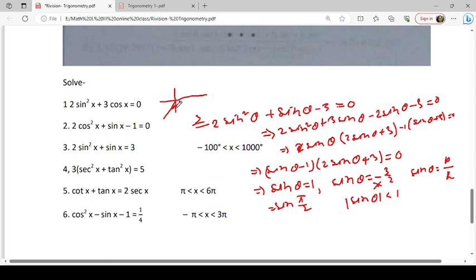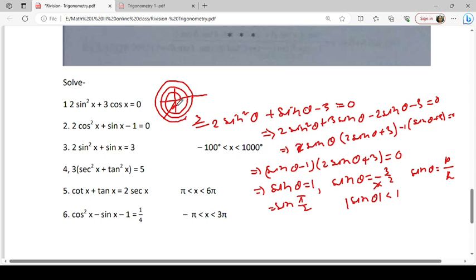Then it goes from this and reaches 1000. How many total angles? This is 360, then 720, then 720 plus this goes along this, so somewhere here. So this is the 1000 angle.